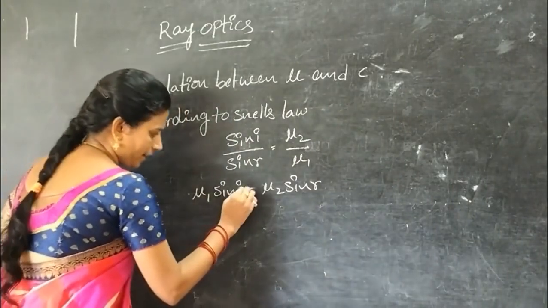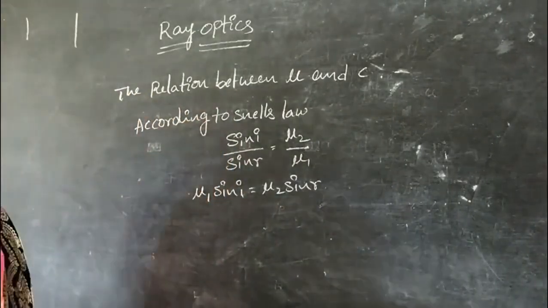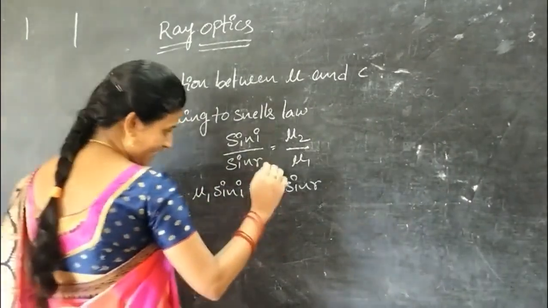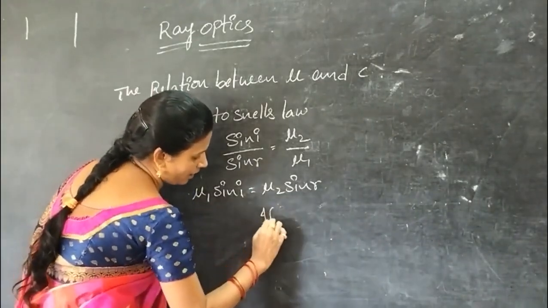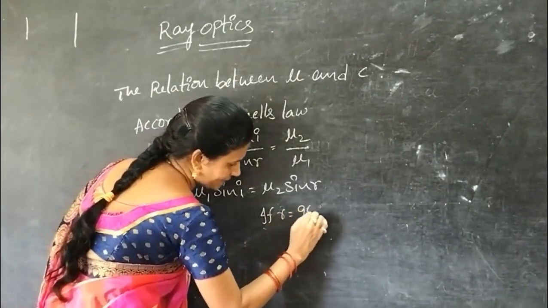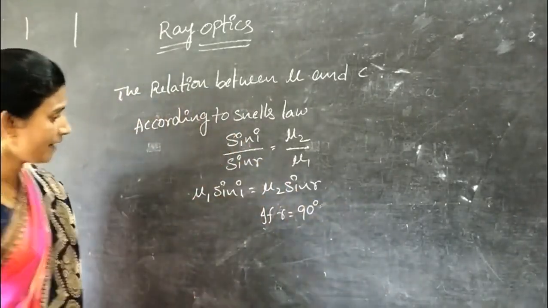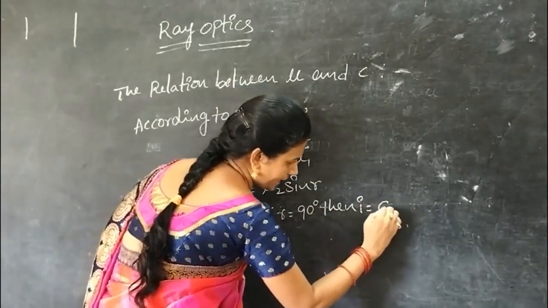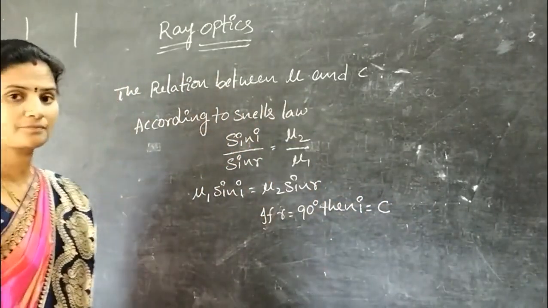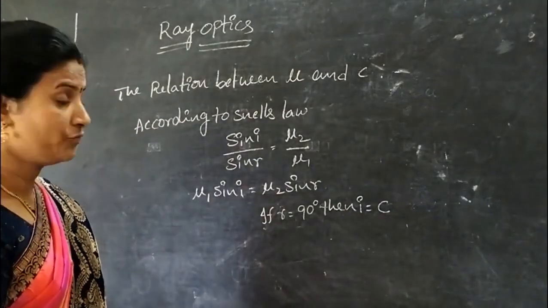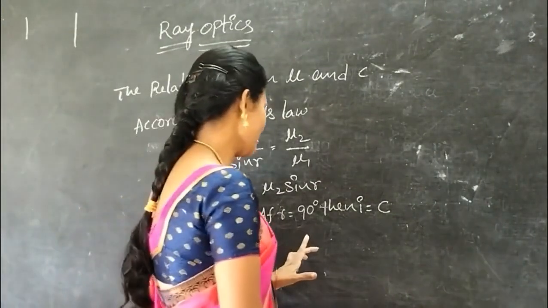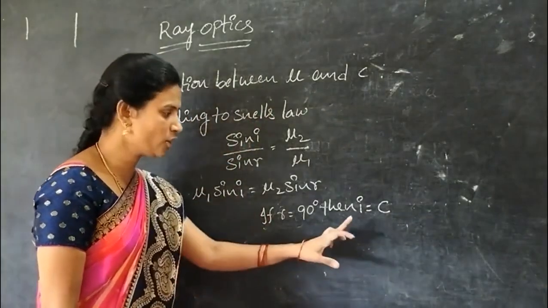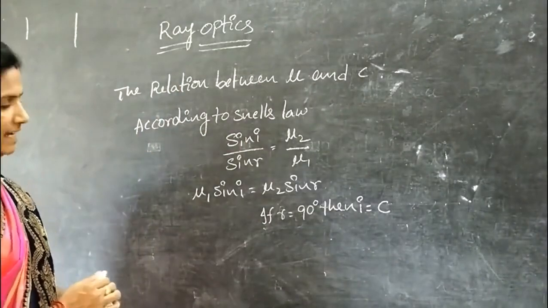So here, what is critical angle? If the angle of refraction is 90 degrees, if R is 90 degrees, then the angle of incidence I is equals to critical angle. We know that. At which angle of incidence the refracted angle is 90 degrees, that angle of incidence is known as critical angle.